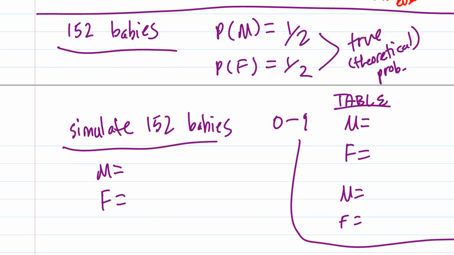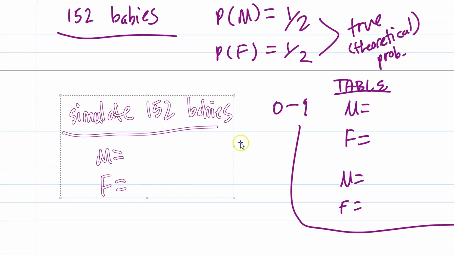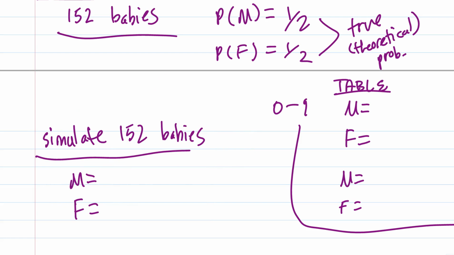All right, so the probability of having a child that is male or female theoretically should be 1 out of 2, 1 out of 2, right? If I use the tables and I want to use 0 through 9, so I'm going to use those 10 digits again, okay? So let me scoot this down. And then we could say, well, what numbers would I choose to give me a 50% chance?